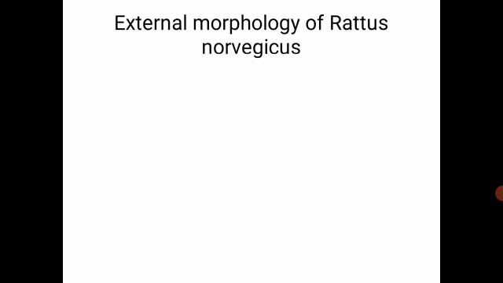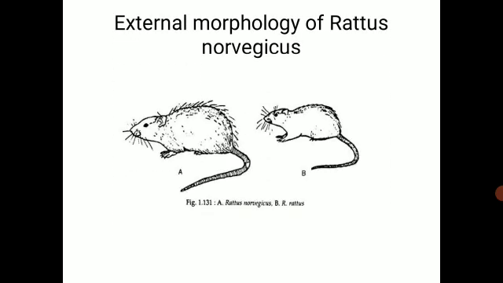Next we study the external morphology. Here in this diagram you are able to observe two different images. Image A is of Rattus norvegicus, and image B is of Rattus rattus. So these are two different species.